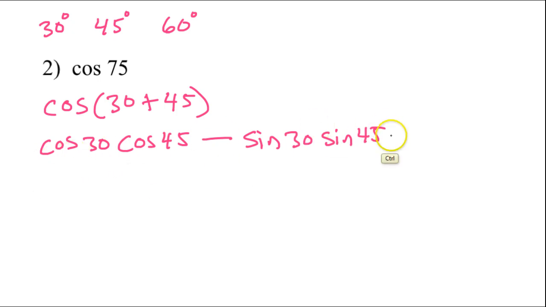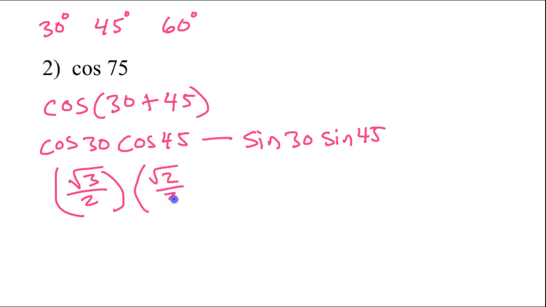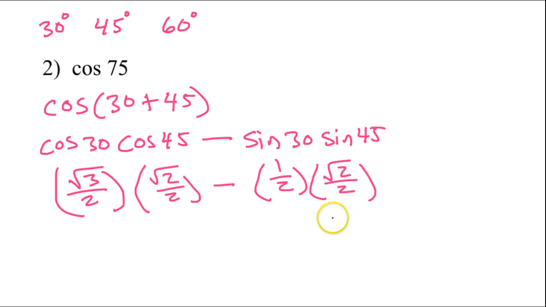And we've memorized these values. The cosine of 30 is radical 3 over 2. And the cosine of 45 is radical 2 over 2. And the sine of 30 is 1/2. And the sine of 45 is radical 2 over 2.